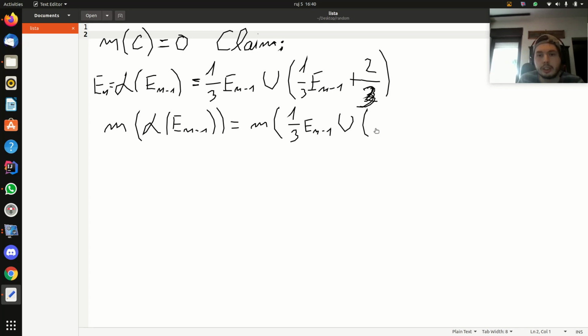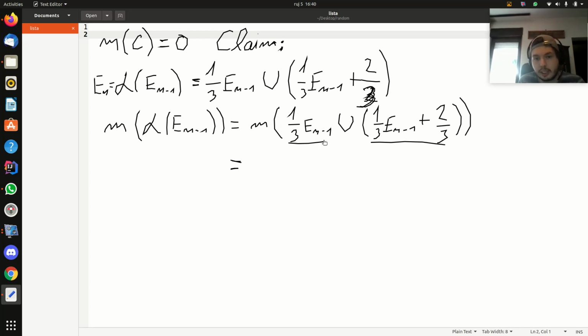Union this. Okay, we copy that down. And one can quite easily see that these two sets are disjoint because we've shrunk down E_{n-1} by 1/3, and then we've translated this one by 2/3.